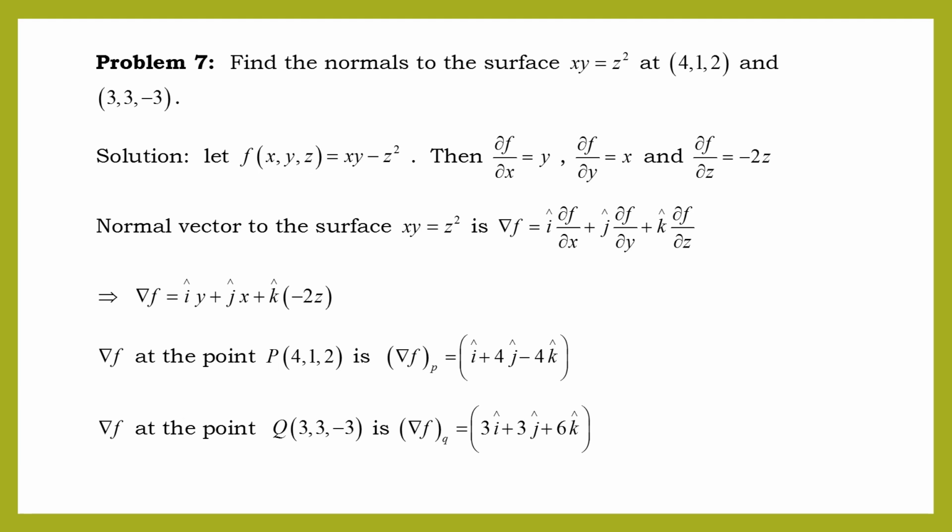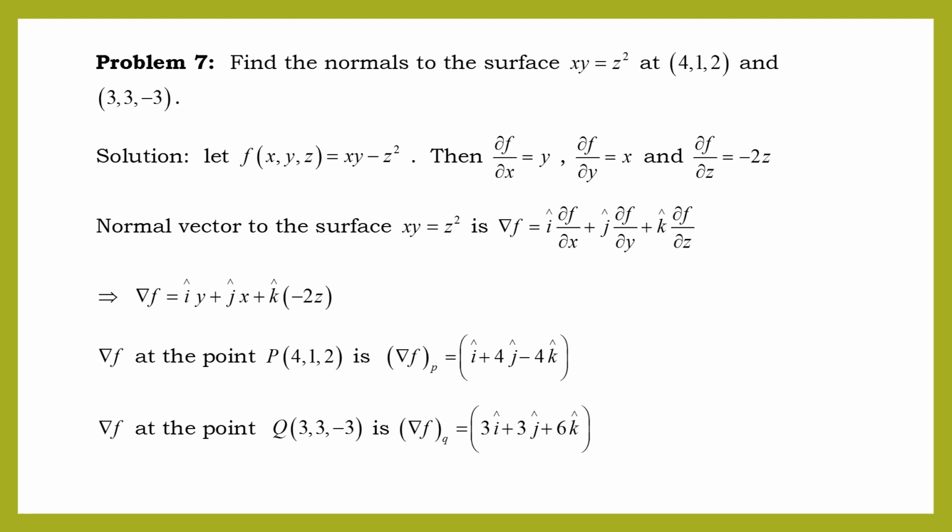So ∇f becomes i·y + j·x + k·(−2z). If we substitute x = 4, y = 1 and z = 2, we get ∇f at P equals i + 4j − 4k.